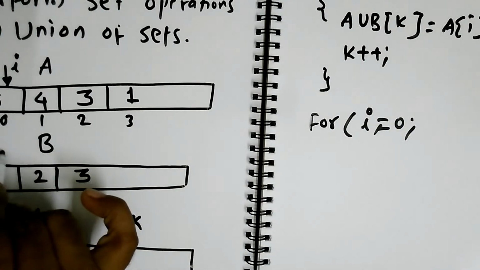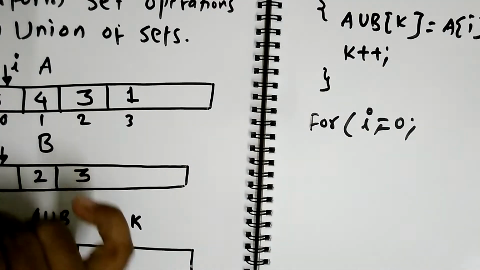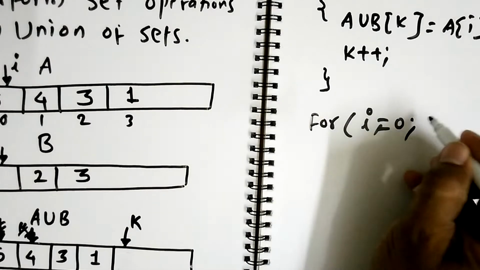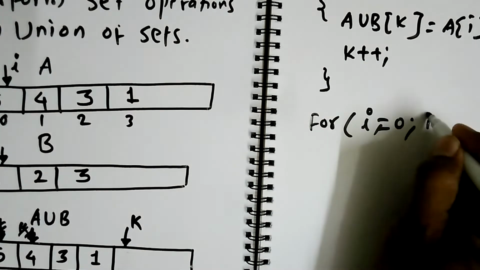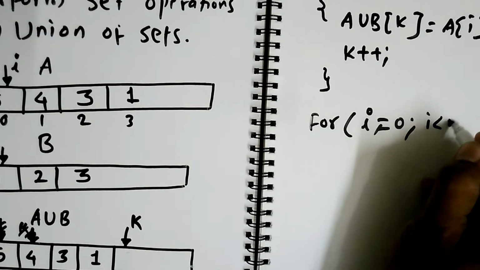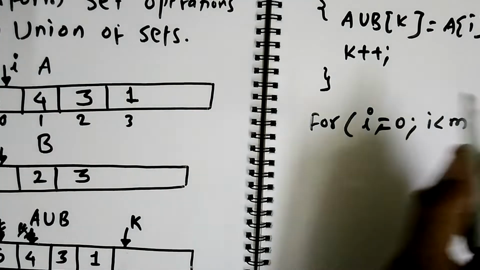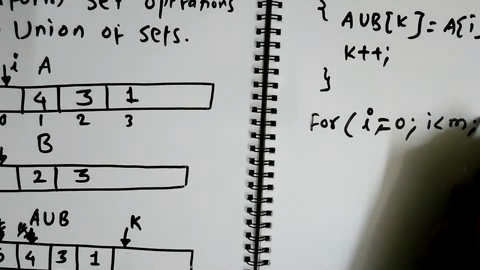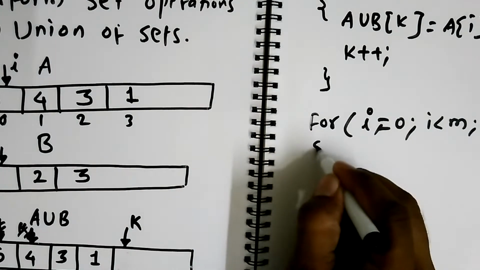I'm going to reuse this i. i assigned to 0, i less than m if there are m elements in array B, i plus plus.